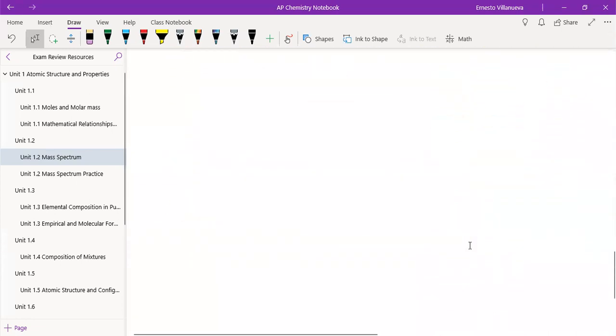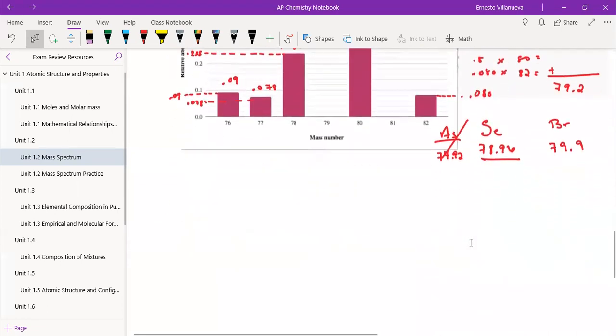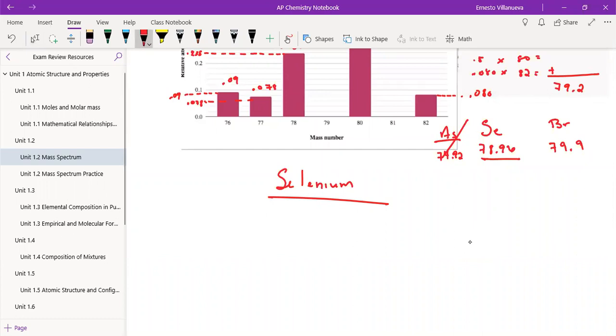So if we scroll down a little bit, we can say that this element here would be selenium. Is it going to be exact? No, it's not going to be exact. You can try to wait to round at the end and see where you end up. But most of the difference is going to be rounding error, and it's going to be on this one. I see 0.078. Some of you may say, you know what, mister, that's closer to 0.076.